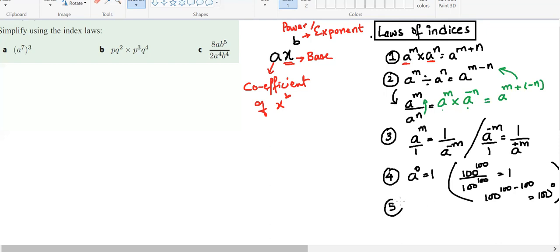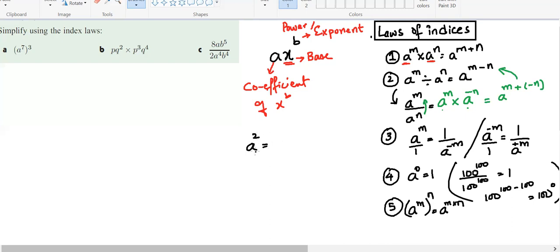Our fifth rule is power of power. If we have a power m and then we have another power n, we will simply multiply these powers. You can see here, we can always understand the power as the number of times it is multiplied. For example, a square.